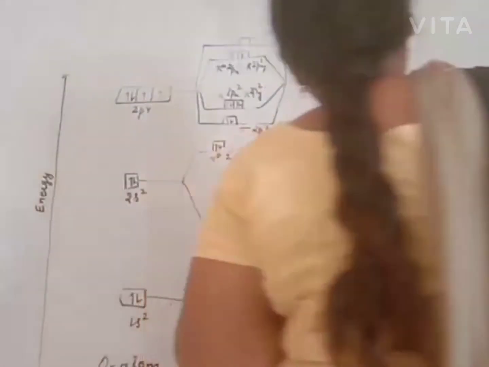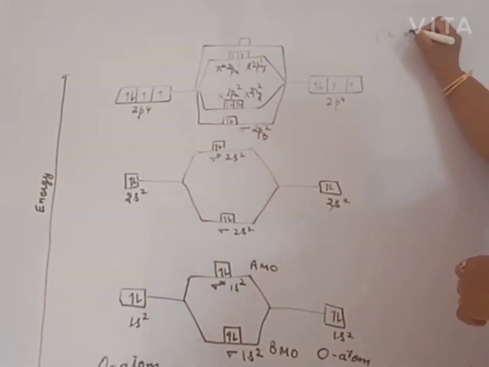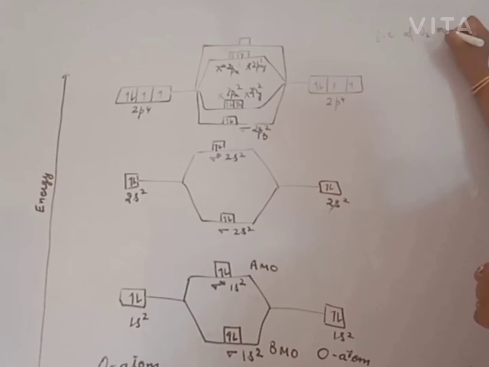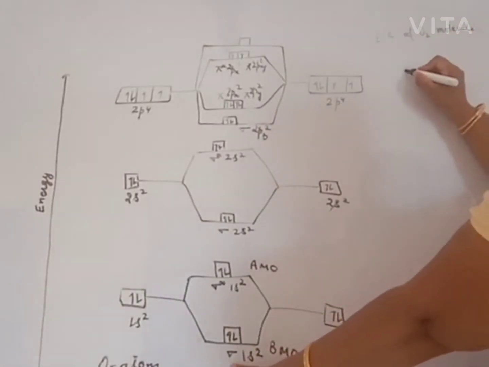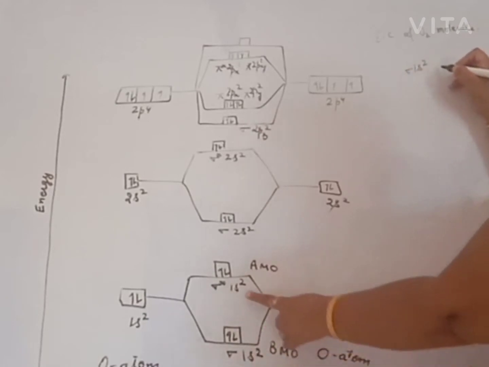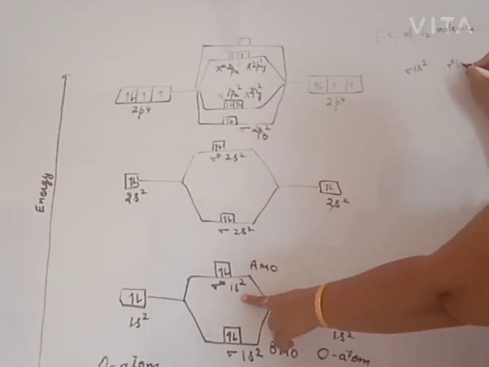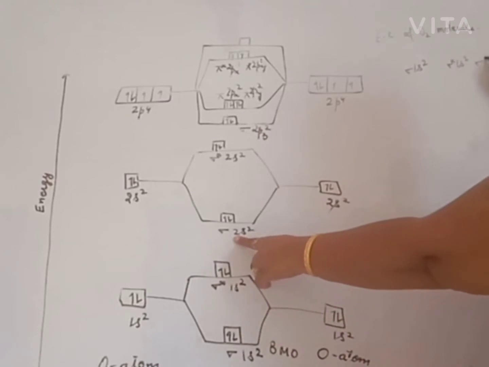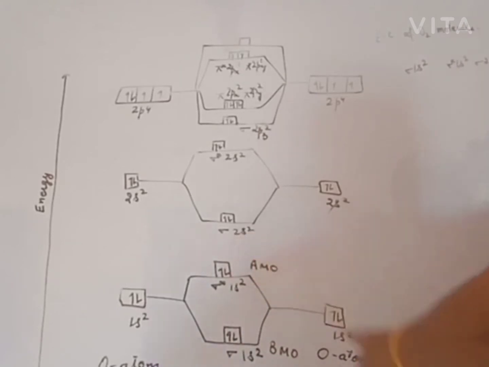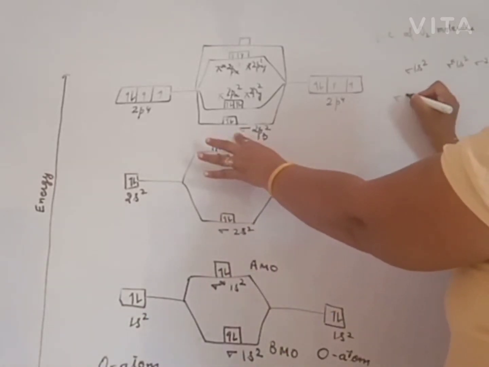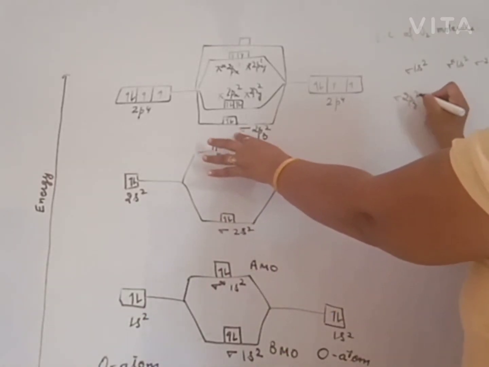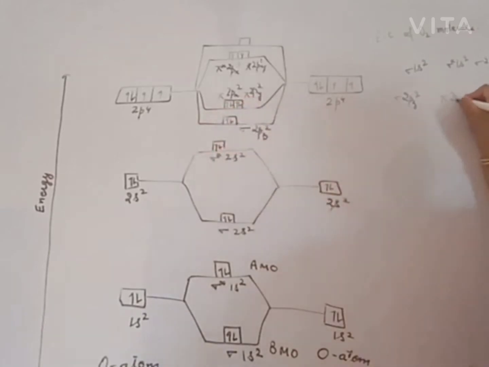Now you will write the electronic configuration of the oxygen molecule, which carries 1 mark in your exam. First of all, electrons enter sigma 1s2, then sigma star 1s2, then sigma 2s2, then sigma star 2s2. Now sigma 2pz2, pi 2px2, pi 2py2.